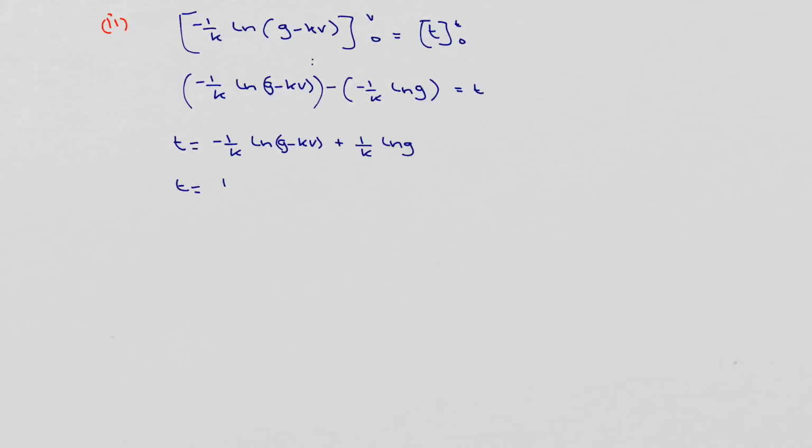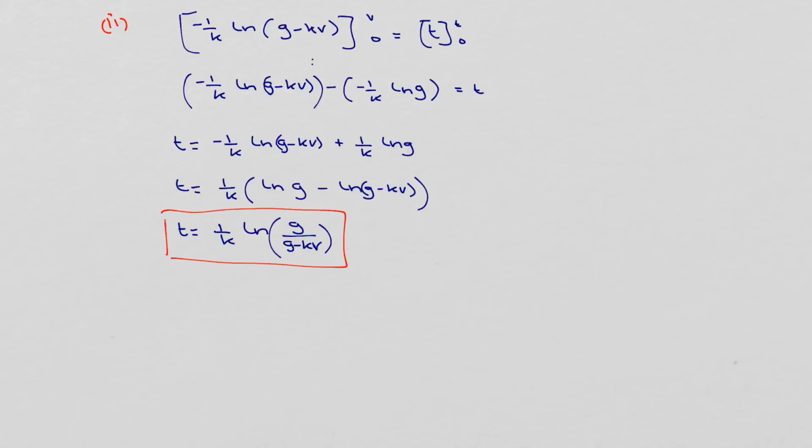Again, if I take out 1 over k as common, I'm left with natural log of g minus natural log of g minus kv. And again, same log rule: when I'm subtracting logs to the same base, I divide. So this is my equation for time when I don't know what the limits are.